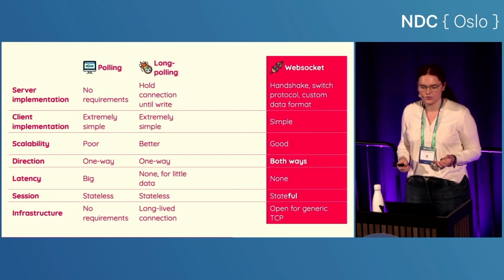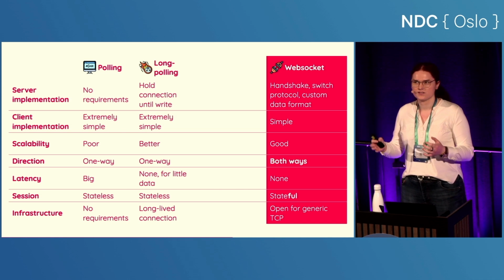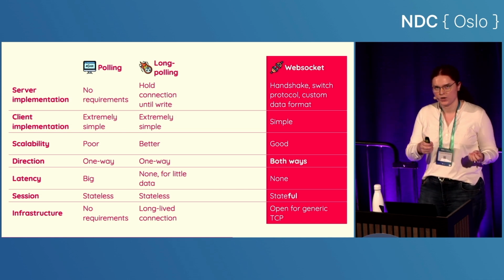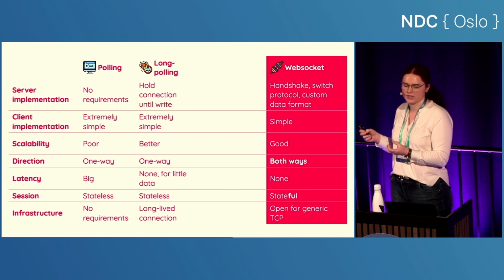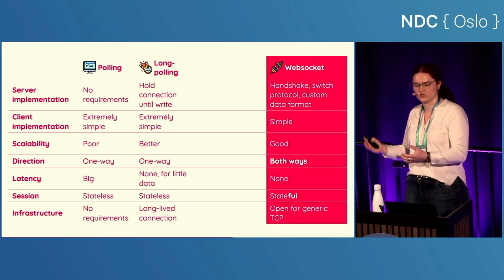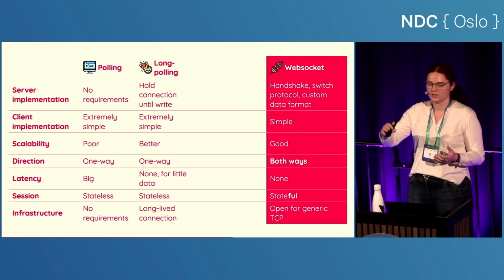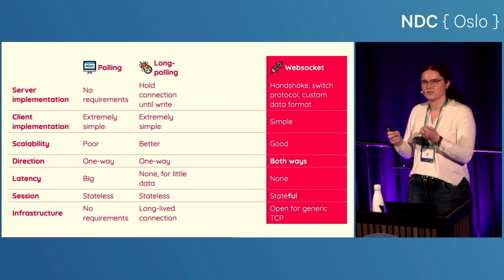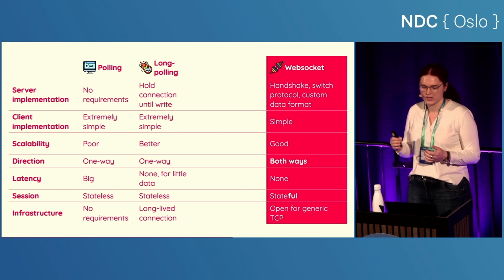So to summarize WebSockets, they are a completely different thing. You have a handshake part, and then you have the protocol, the communication itself. The handshake tells the browser to switch its protocol over, so you go from HTTP to a different language, and then you have this custom data format. That is what you transmit.